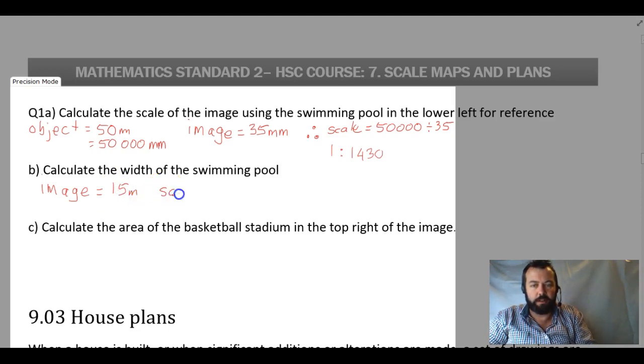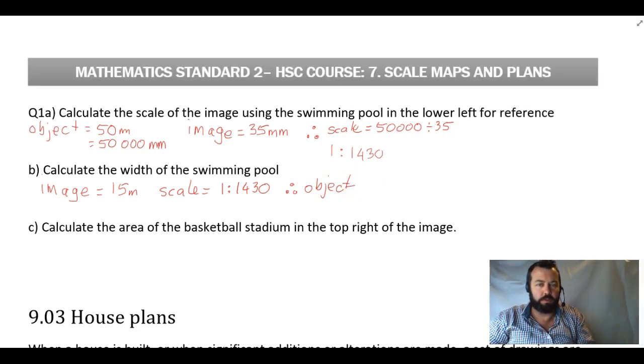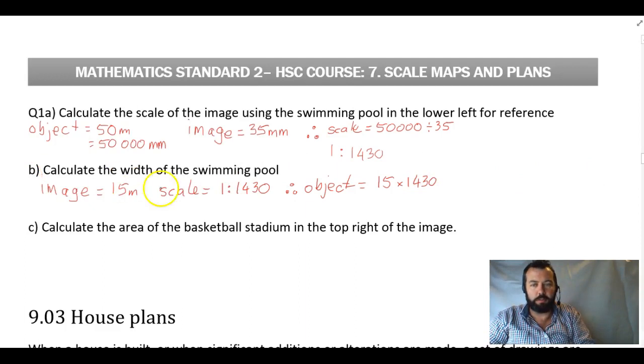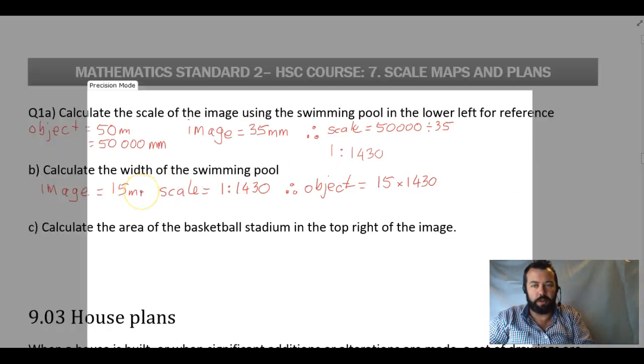My scale equals 1 to 1,430. Therefore my object is equal to 15 times 1,430. I just realised back over here I wrote meters when it should be millimeters.